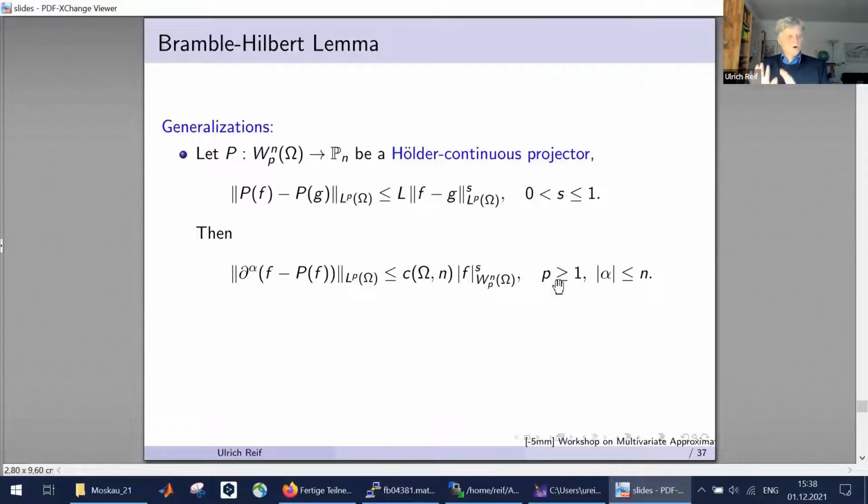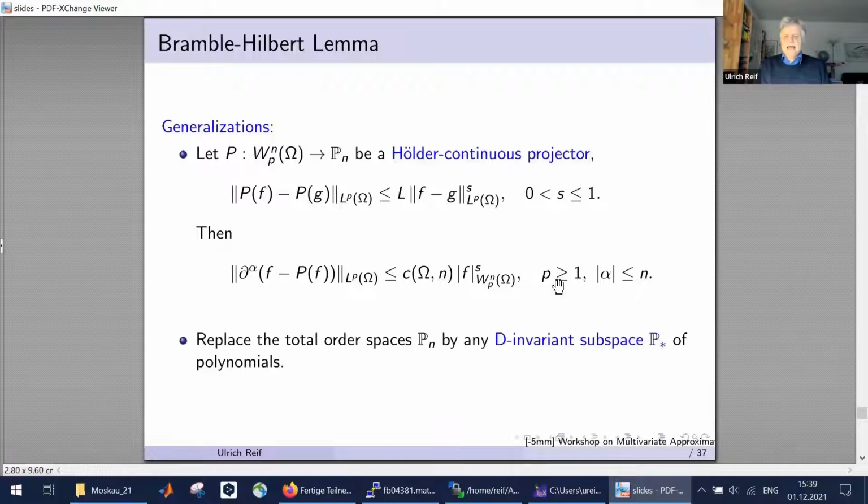There are even more generalizations, like you can consider all kinds of continuous projectors on the polynomial space, more kinds of polynomial subspaces. Essentially, these subspaces have to be invariant under differentiation. They have to be closed under differentiation. Then they can be treated with this theory. But I want to skip these extensions.